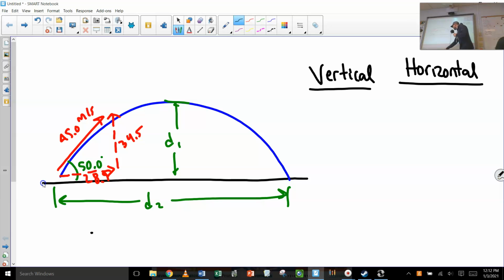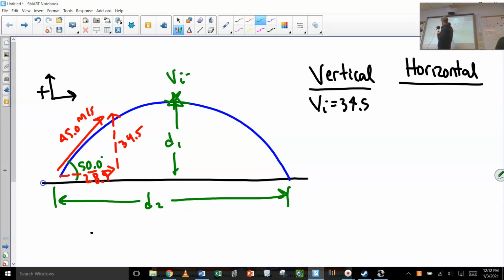So my vertical initial velocity is 34.5. I'm going to be saying that up is positive throughout this problem, as also to the right is positive. So I'm going to leverage this special spot right here. At this special spot, the final velocity is going to be equal to 0.